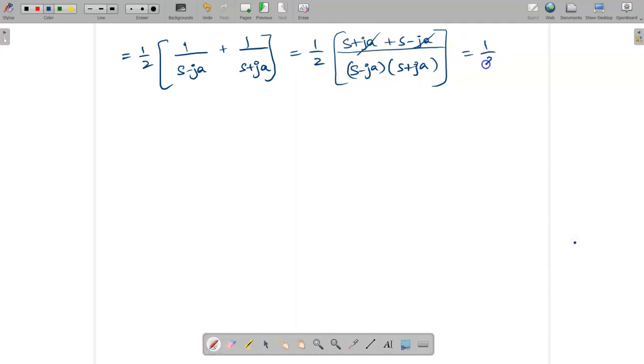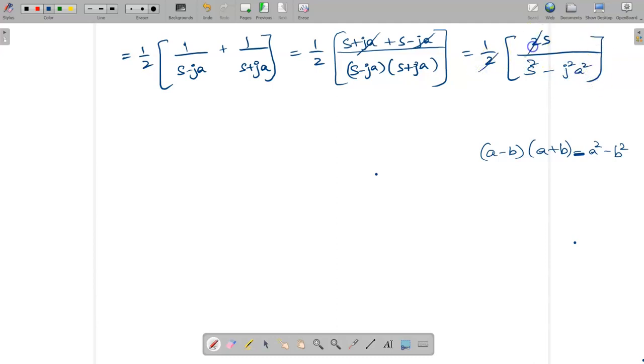So it is 1 by 2 into 2s divided by the denominator. I have (a minus b) into (a plus b), which is nothing but a square minus b square. So it is s square minus j square a square. Anyway, the 2 gets cancelled, and I have s divided by, what is j square value? j square is minus 1.